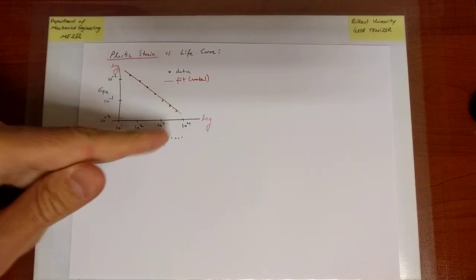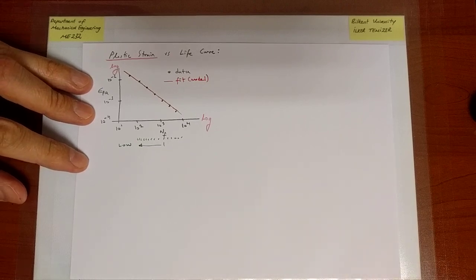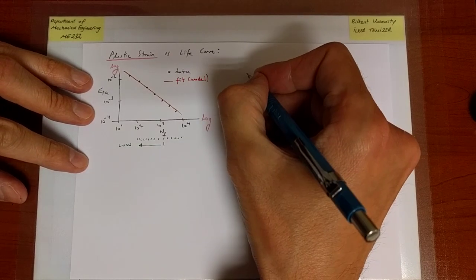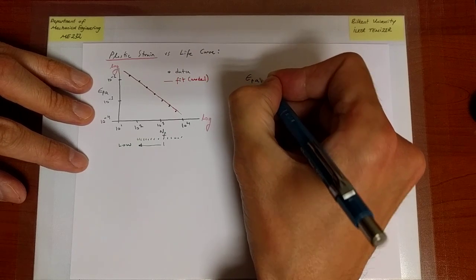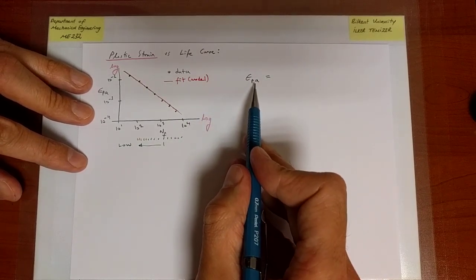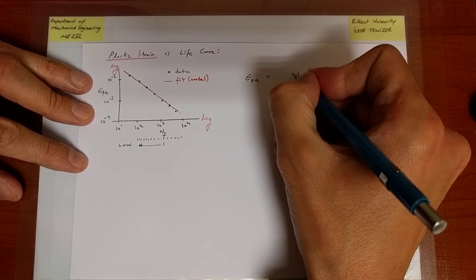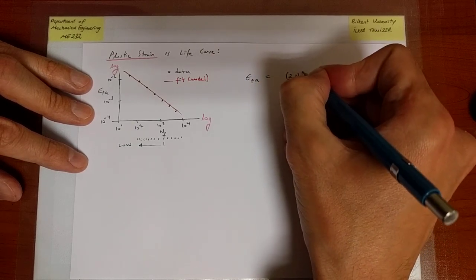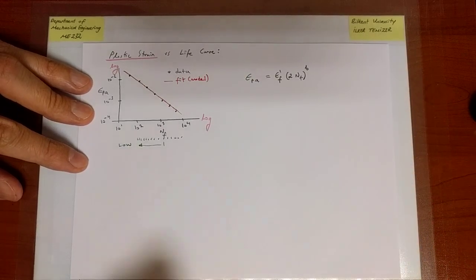Now that on a log-log scale I see a line suggests that that relation is of the power form, and so we know that epsilon PA, the plastic portion of the alternating strain, is associated with number of cycles to failure through a power relation. Following the Basquin form, we're going to write it in this fashion.